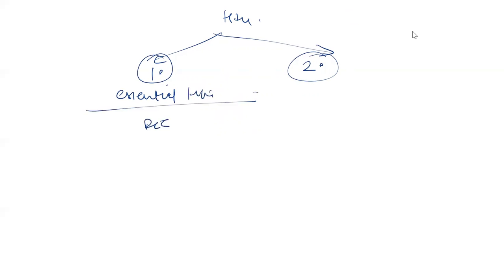So what are the risk factors for essential hypertension? Risk factors are, first is age. We have already discussed that as age increases, the vessels become more and more stiffened, leading to increase in the systolic BP. Second one is obesity. Third one is family history.